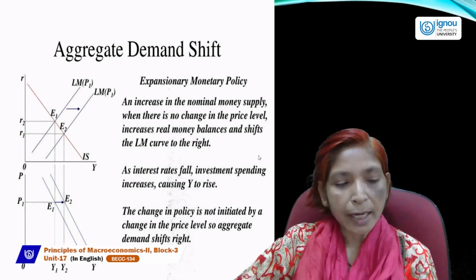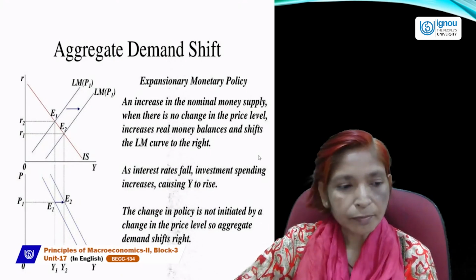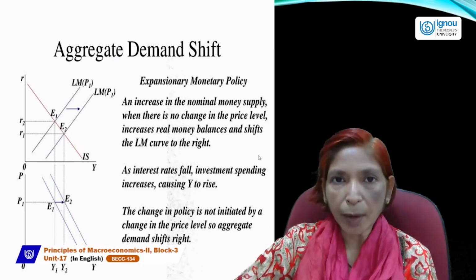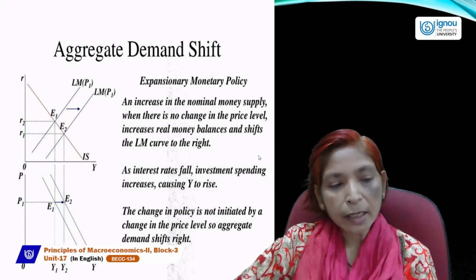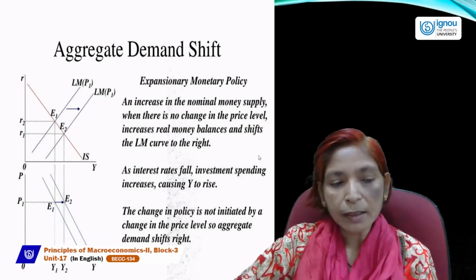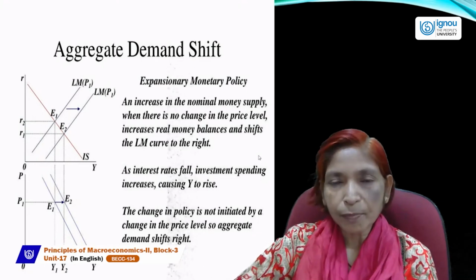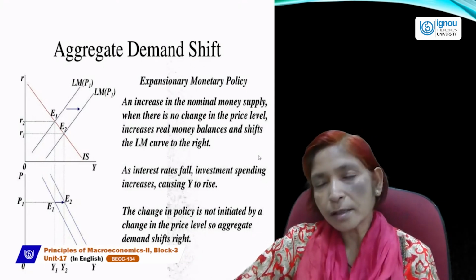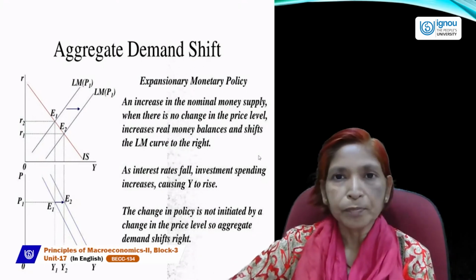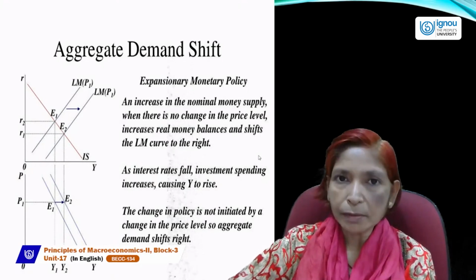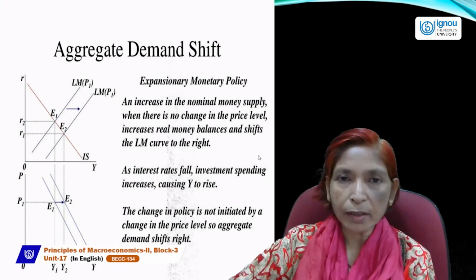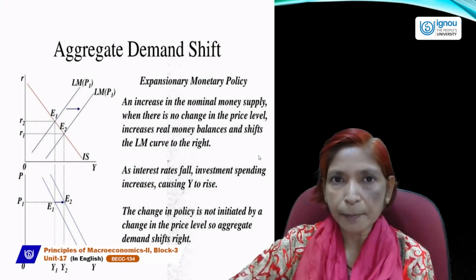And the first aggregate demand curve is AD1. This is the initial aggregate demand curve. Next, the AD curve will shift to the right hand side because money supply increases. When money supply increases, the rate of interest will fall. Due to the fall in the rate of interest, investment will rise.